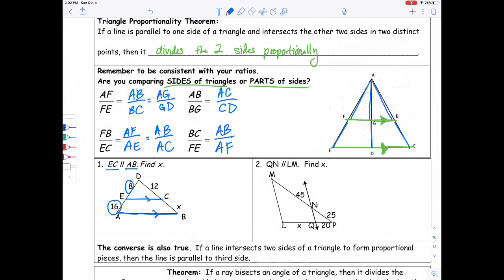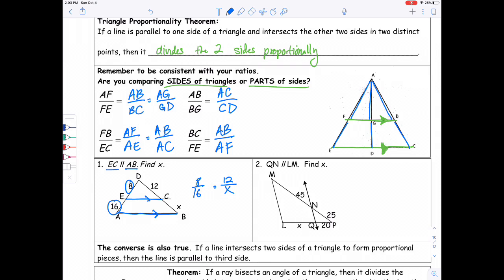So you can set up a proportion: 8/16, like it's in a ratio, equals 12/x. It's kind of already in the same format.